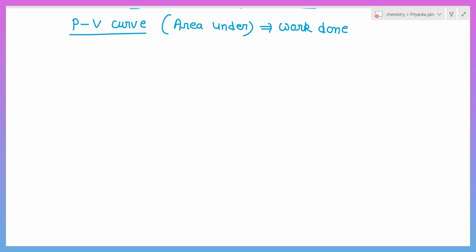Suppose you are given the curve between P versus 1 upon V, okay, or you are given a curve between PV and V. If this type of curve is given, then you cannot use it for the work done calculation. You cannot calculate the work done from this.